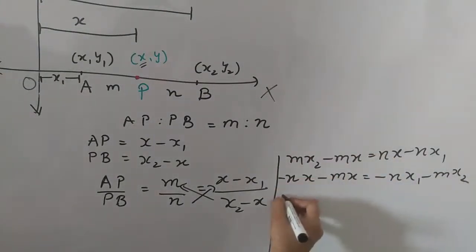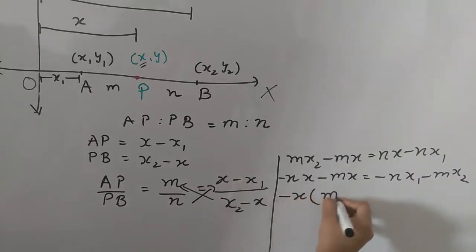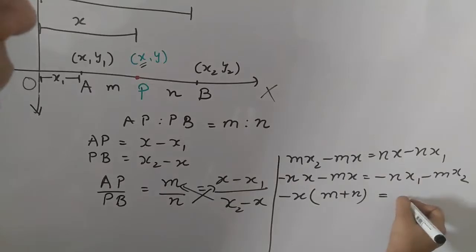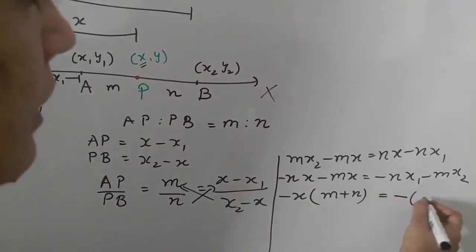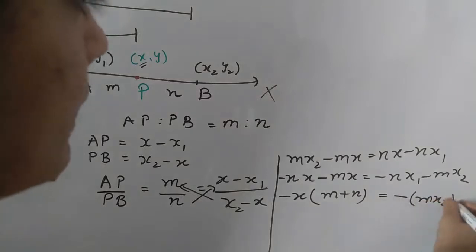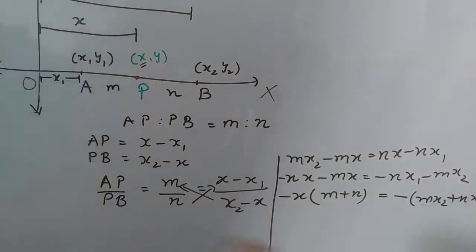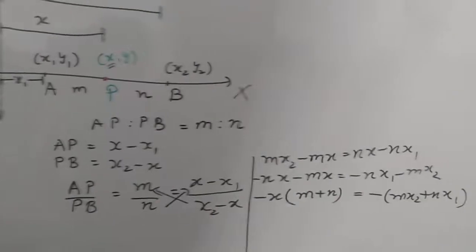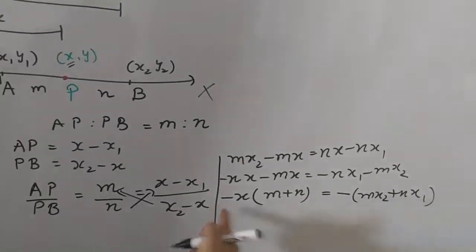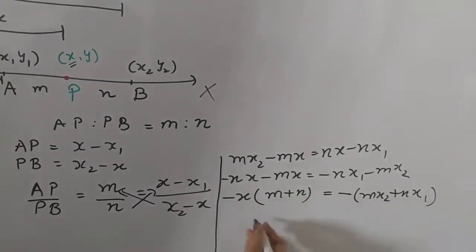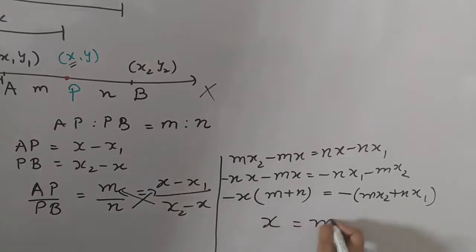Now I take minus x common from both, so in the bracket m plus n, and on the other side also I take minus outside, so I get mx2 plus nx1. Now both sides have a negative sign, so we remove it. So x is equal to mx2 plus nx1 upon m plus n.